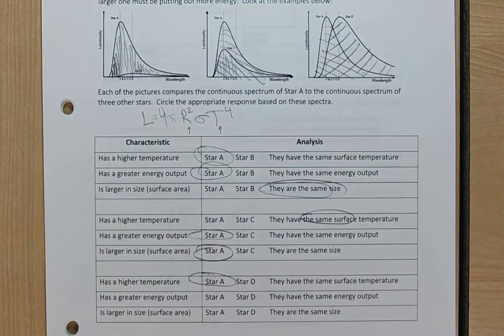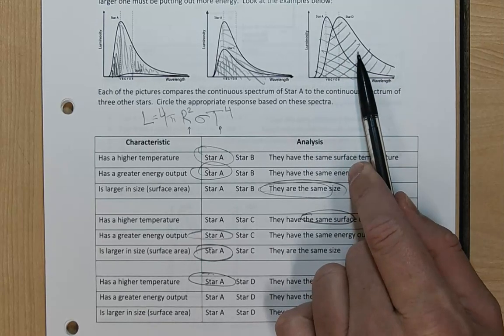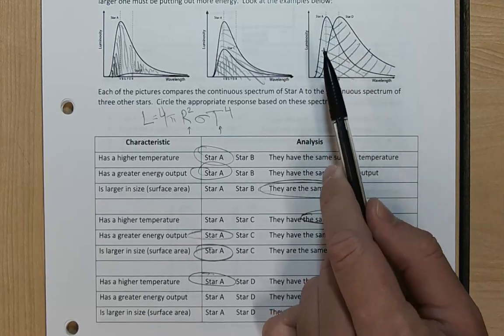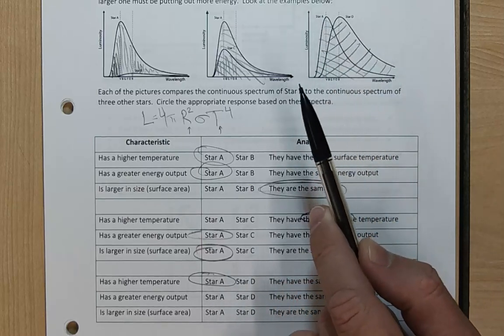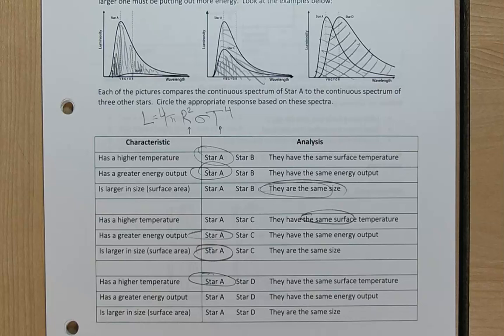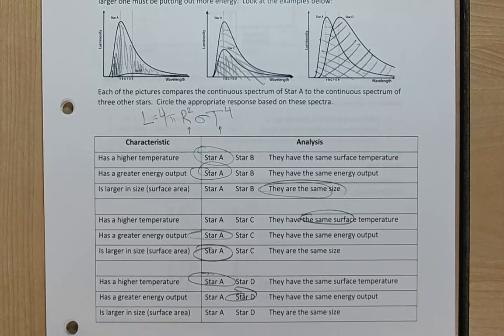Which of those curves has a greater area under it? Looks like it's pretty close, but I'm going to say D. D looks like this sort of triangle, and this triangle looks like it has a larger area than this triangle. So I think I'm going to say D is the higher luminosity. Maybe just a little bit, but yeah.